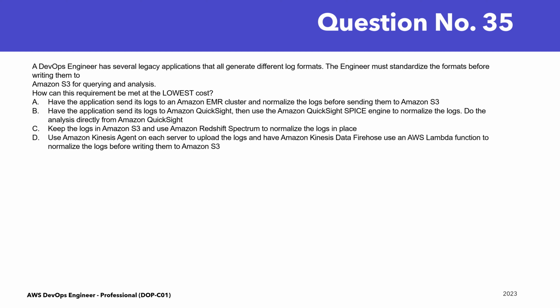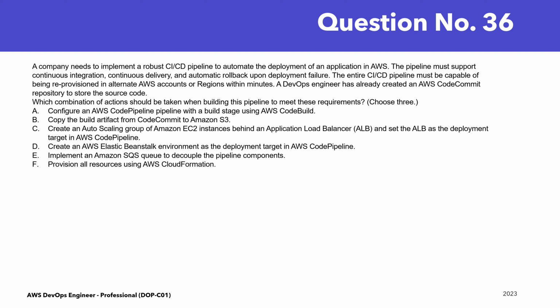D. Use Amazon Kinesis Agent on each server to upload the logs and have Amazon Kinesis Data Firehose use an AWS Lambda function to normalize the logs before writing them to Amazon S3. Correct answer, D.